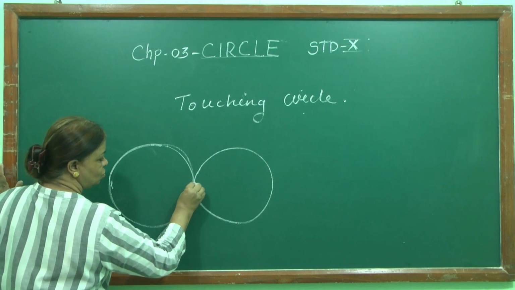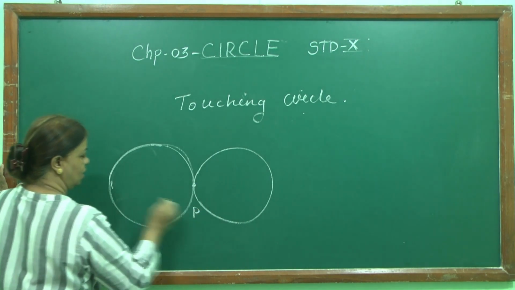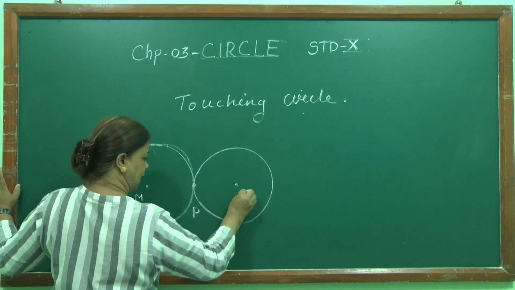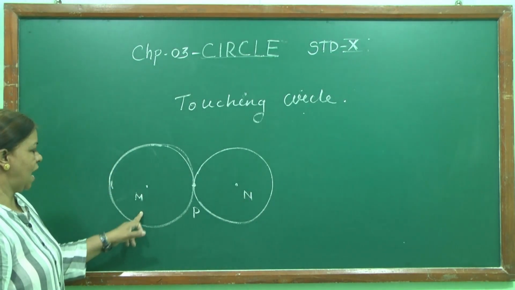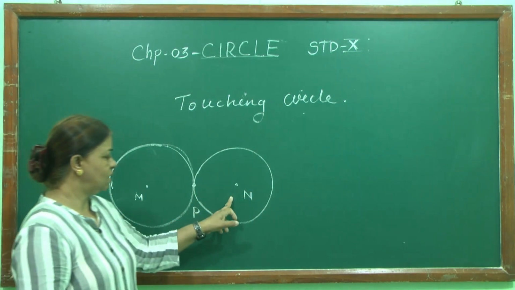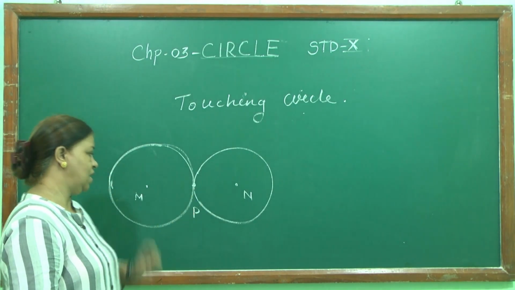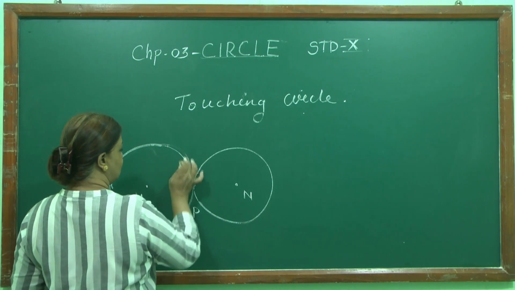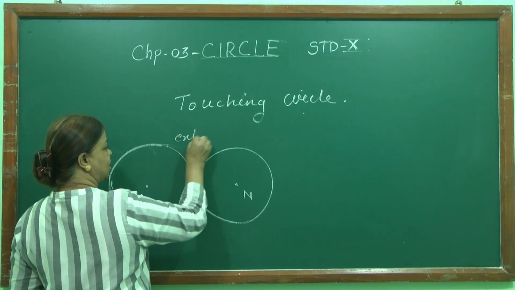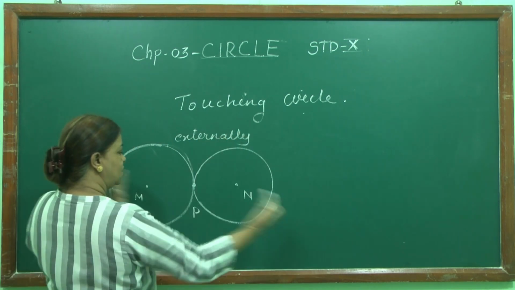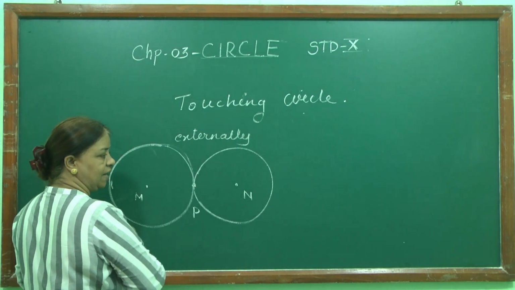Now see here, these two circles are touching at the point P. The center is M and the center is N. This circle has center M, this circle has center N, but they are touching at one point P. This means these two circles are touching externally.